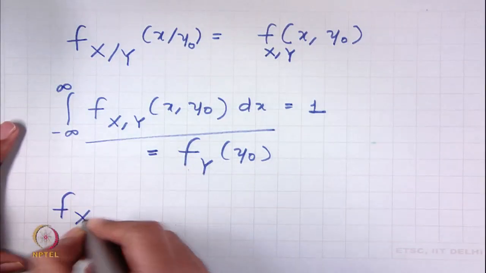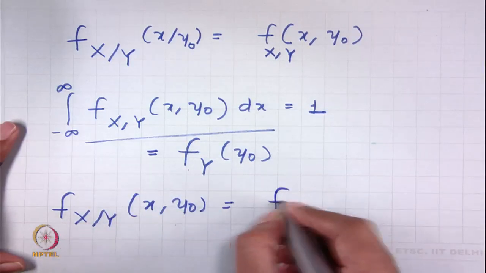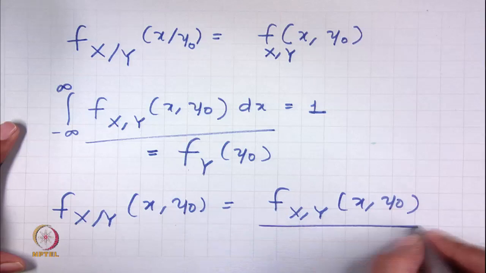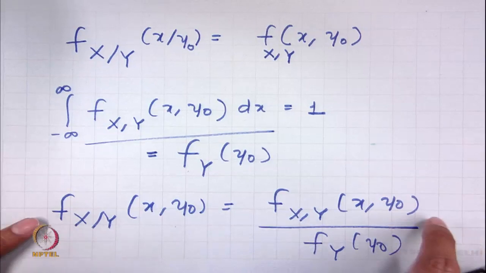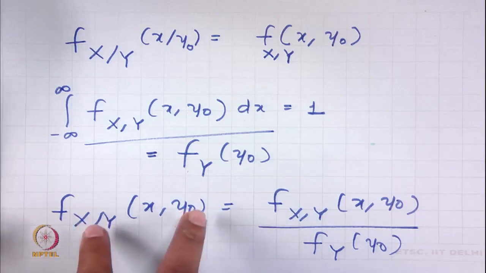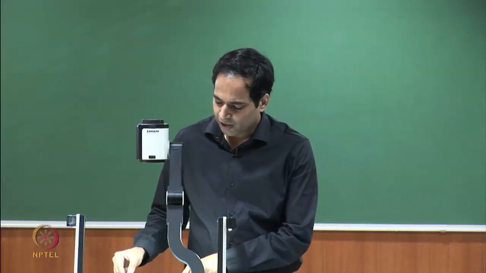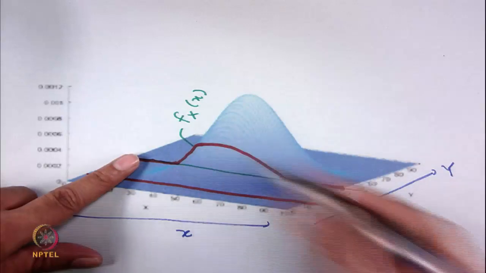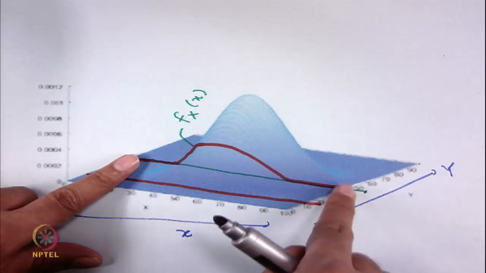So, the correct definition is this. This is the correct way in which you can interpret this conditional PDF. So, I am repeating: for a conditional PDF, what you have to do is first look at the joint PDF in terms of the marginal PDF, and this marginal PDF is evaluated when y has taken a specific numerical value.